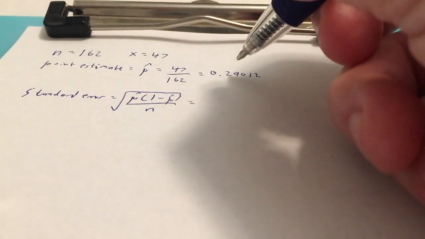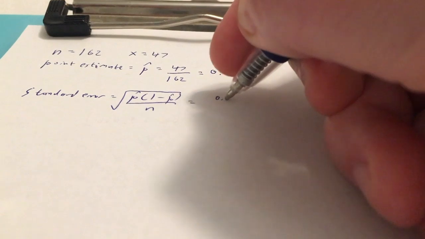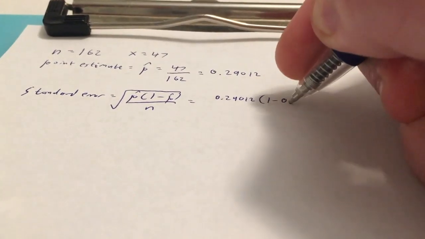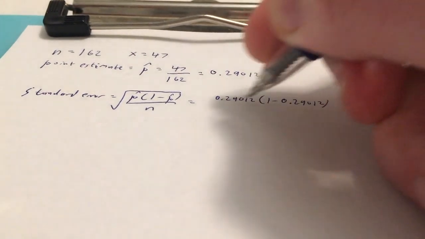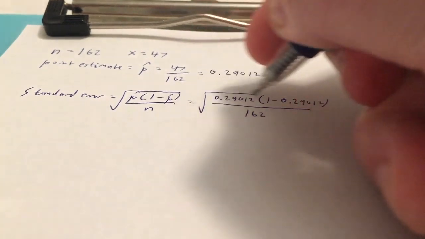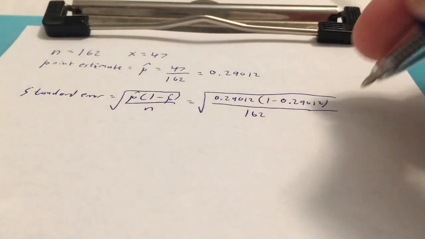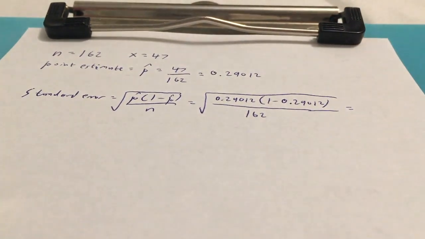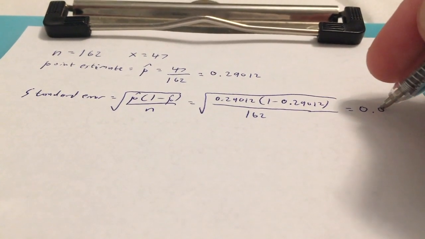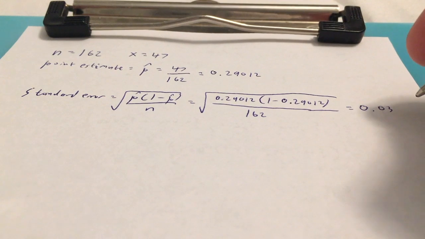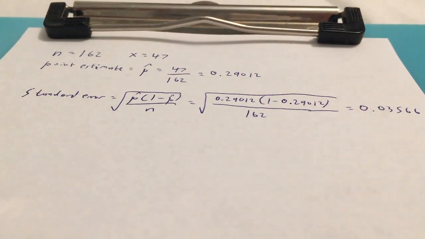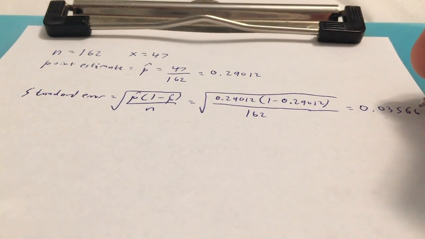So using the 0.29, and then 1 minus the same number, all divided by the sample size of 162, and then finally remember to take the square root of it at the end. And I'll go ahead and tell you that the answer, again to 5 decimals, is 0.03566. Let's make those look more like sixes, shall we?